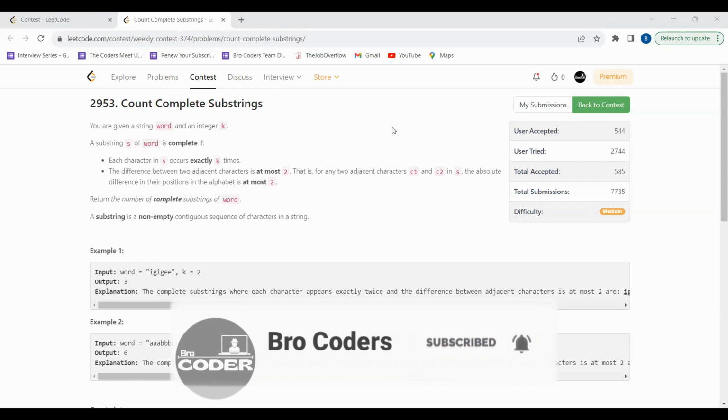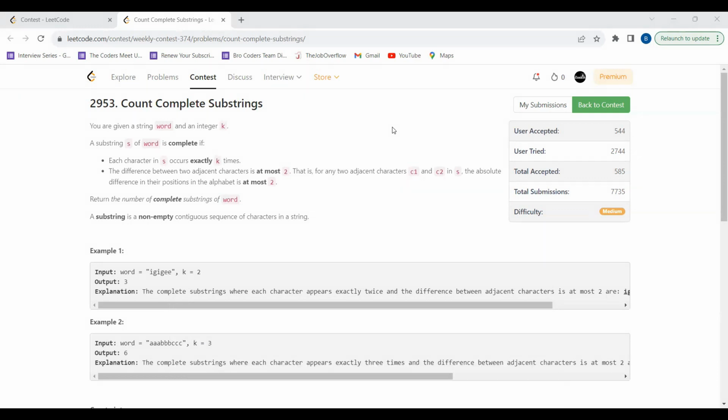So if your approach is very much clear, then try coding by yourself only. And if your approach is not clear, try hard to get that approach clear, because approach is very crucial. And if your approach is clear, then coding is another crucial part. Both of these things you have to get by yourself.